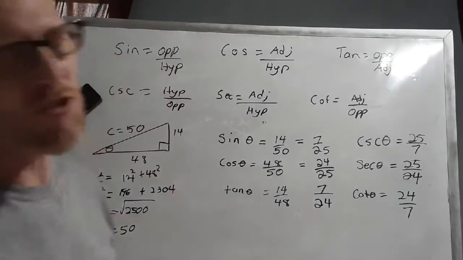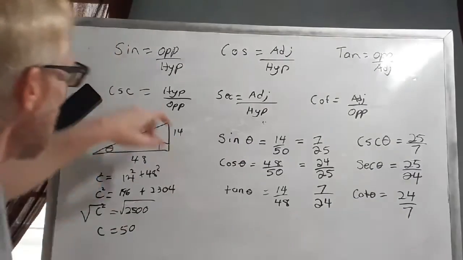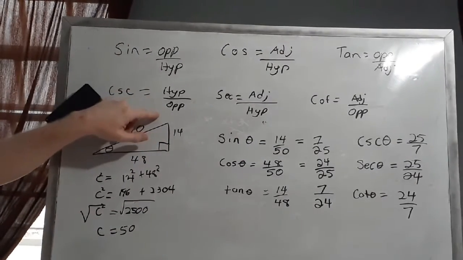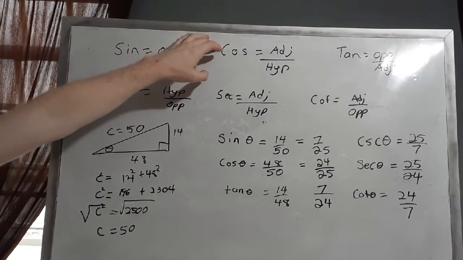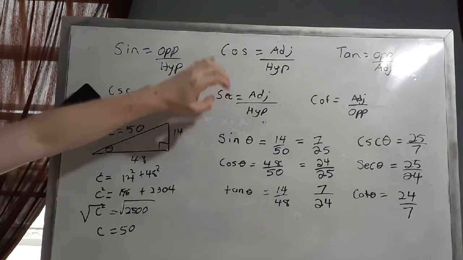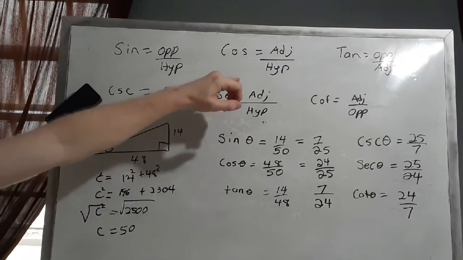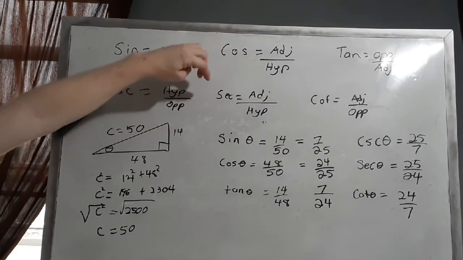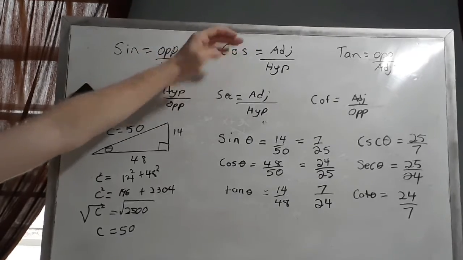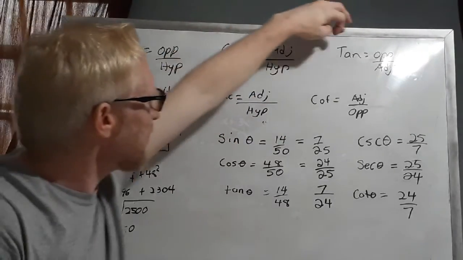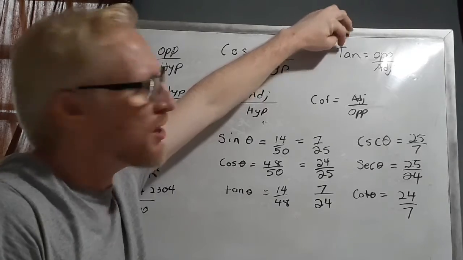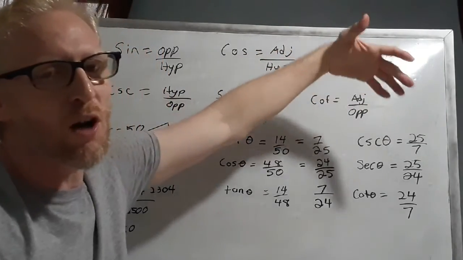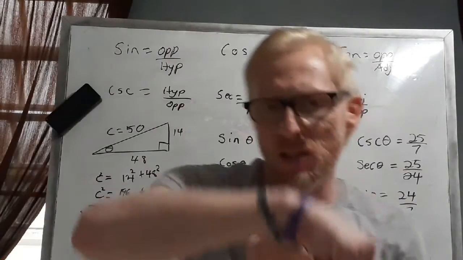So if sine is opposite over hypotenuse, then the cosecant is hypotenuse over opposite. If cosine is adjacent over hypotenuse, then the secant is hypotenuse over adjacent. If tangent is opposite over adjacent, then the cotangent is adjacent over opposite. So basically all you do is invert them.